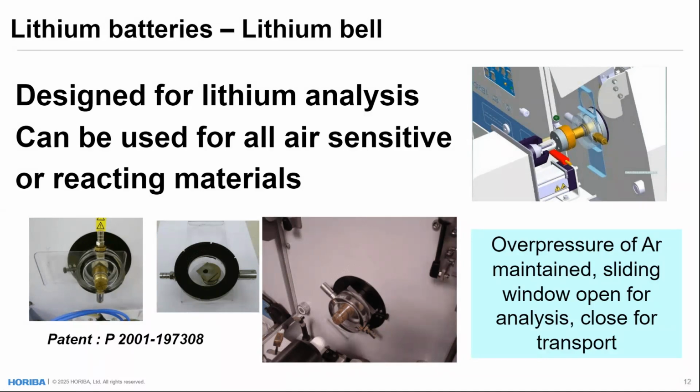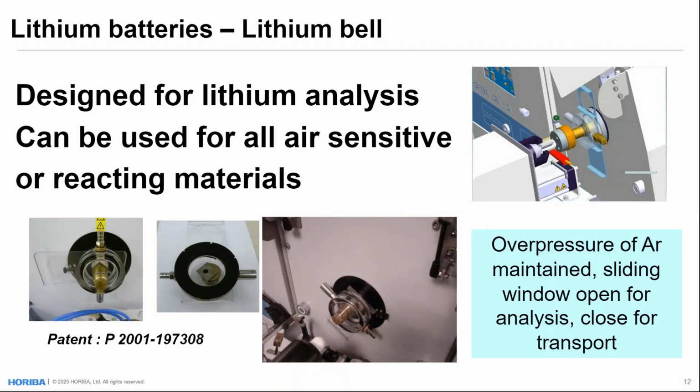With that being said, actually at Horiba, we have a patented device which can hold the sample in an inert environment and avoid any air or humidity contact during the transfer or measurement. And we call this device lithium bell because originally it has been designed to protect lithium ion battery electrodes during the measurement.